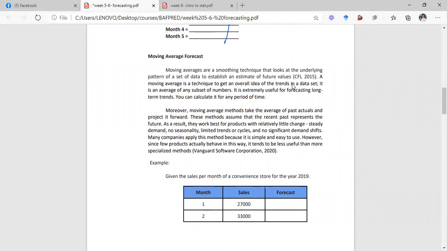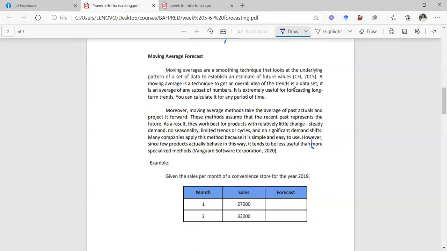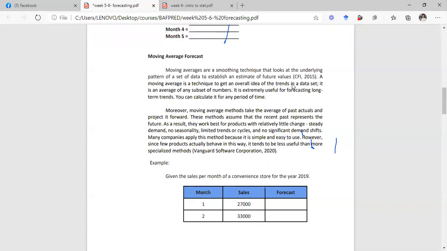Okay, class, so when we say moving average forecast, it is a process or a smoothing technique that looks at the underlying pattern of a set of data to establish an estimate of future values.